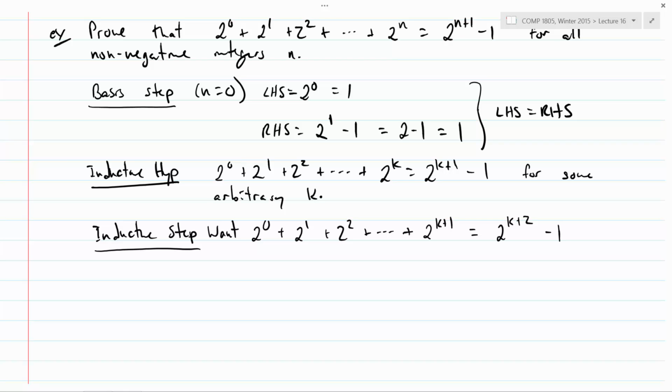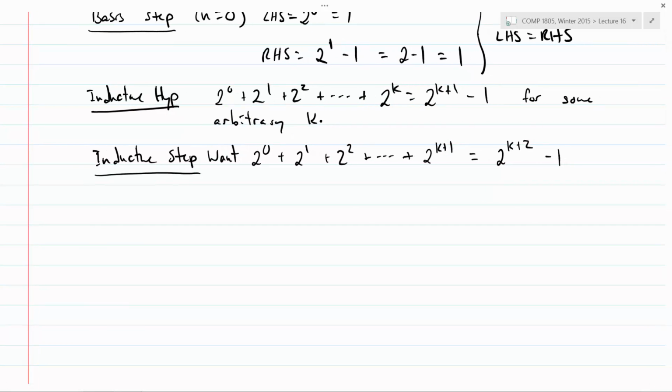All right, so we want to prove that the thing on the left is equal to the thing on the right. So we start with the thing on the left, which is 2 to the 0, plus 2 to the 1, plus 2 to the 2, all the way up to 2 to the k plus 1. And I want to apply a bunch of rules to try to get myself to the other side. That's my goal.